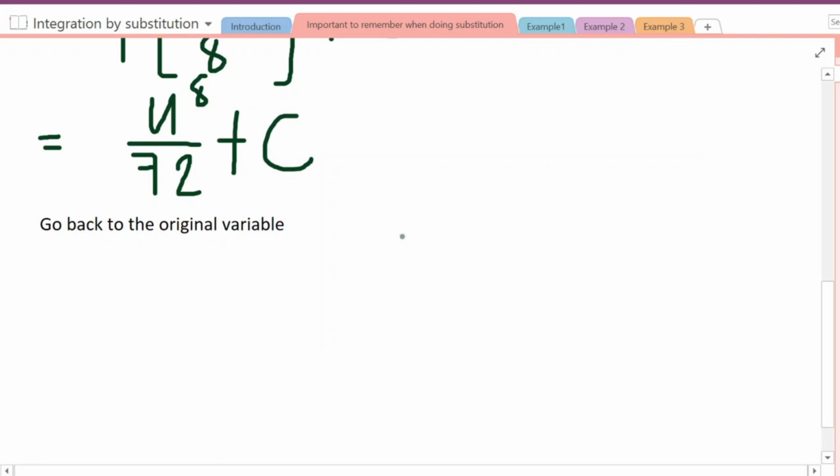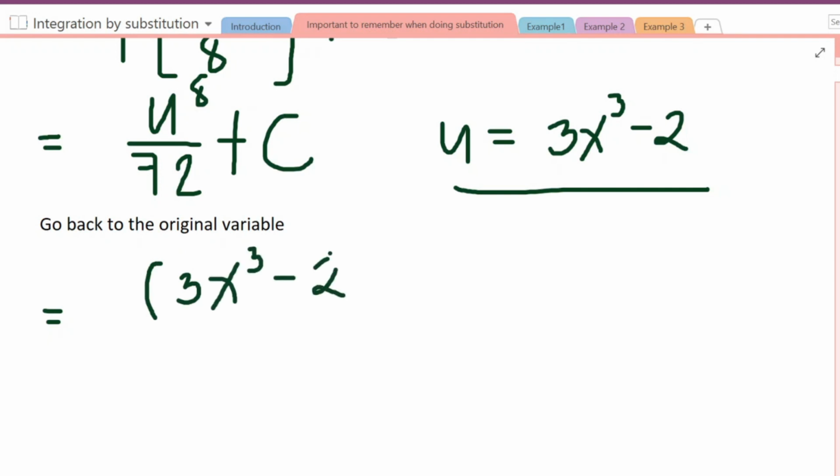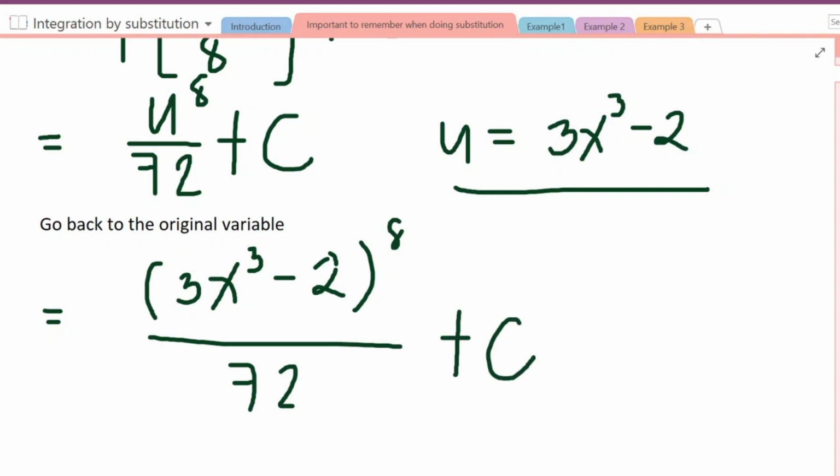We continue our solution as, remember, u is equal to, we set this a while back as 3x cubed minus 2. Therefore, we're going to use that information also to change the variable back to variable x. We will write (3x cubed minus 2) raised to 8 all over 72 plus c. This can be our final answer.